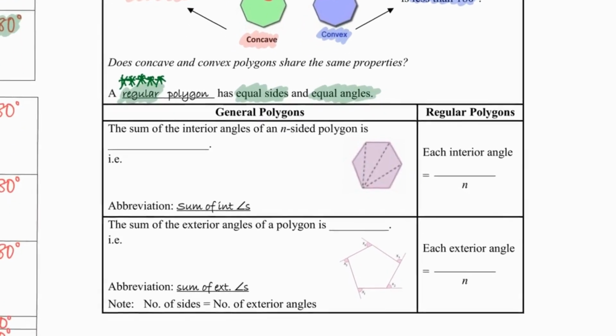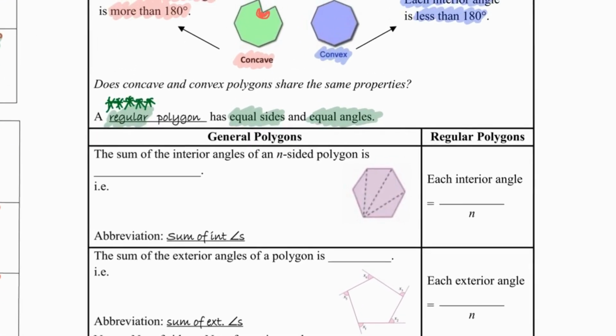And the sum of a general polygon, this is what we have learned so far in this activity: n minus 2 times 180 degrees, that is 180 times n minus 2. And therefore, each interior angle is 180 times n minus 2, divided by n, because there are n number of angles.